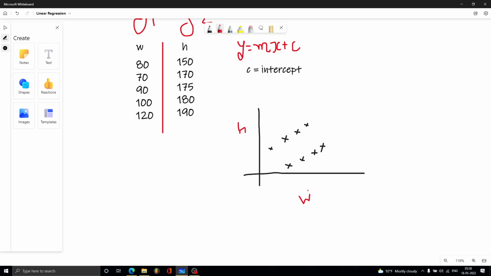At this point we have weight 80. So what it is saying is that if we have 80 here, our height would be 150. This is our actual point.